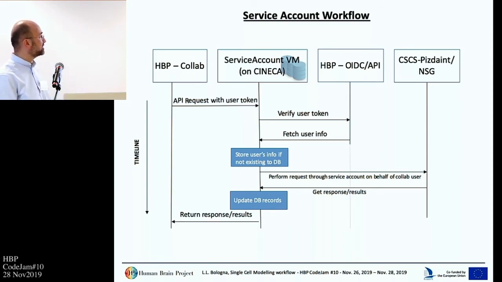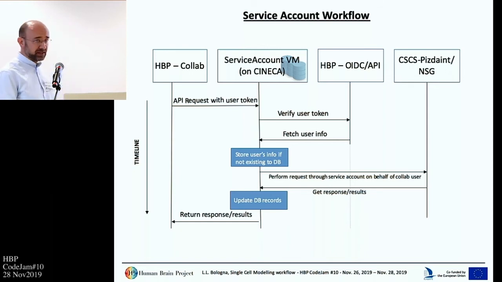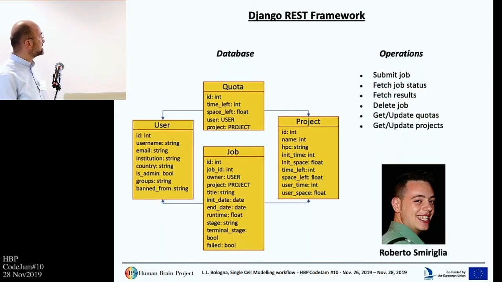So now at this point we know who the user is, then we store the data as I was saying before, submit the job, get the results, update the database, for example, with the time of the end of the job, and the status of the job, if it has been canceled, for example, if it's been successful, and so on. And finally, we return the response to the user. We have a small database that has been implemented for storing all this information in a virtual machine that is running on Cineca.